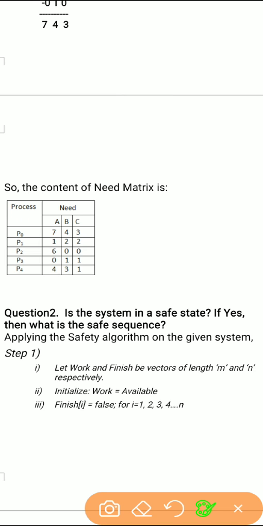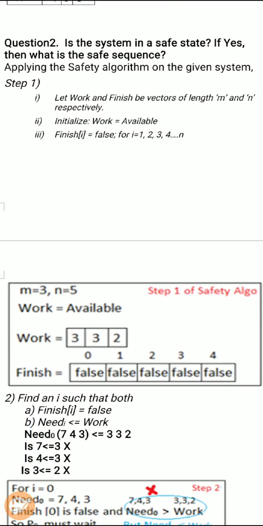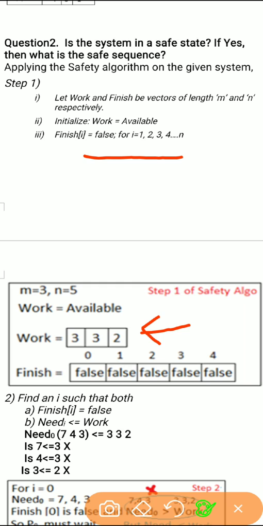So what was the available matrix that we are going to initialize? The available matrix is 3 3 2, and it will be assigned to work. So this is your work matrix, and initially finish of I will be false, so we mark finish of I false for each and every process.